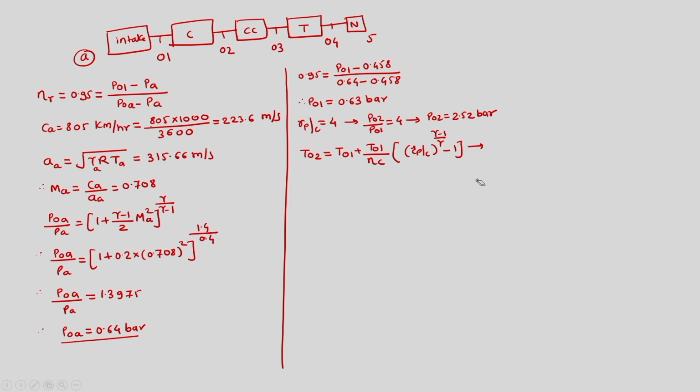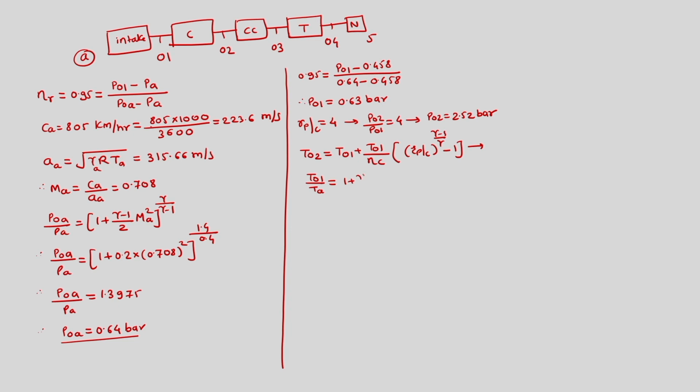Having known this, we can find out T naught 2, but for that again we should know T naught 1. T naught 1 can be found out, the process being isentropic and adiabatic in the intake.